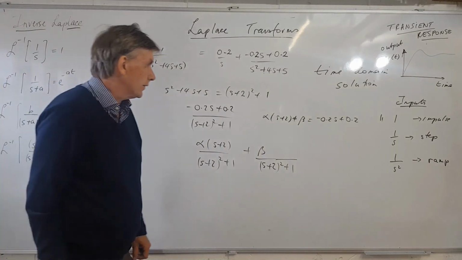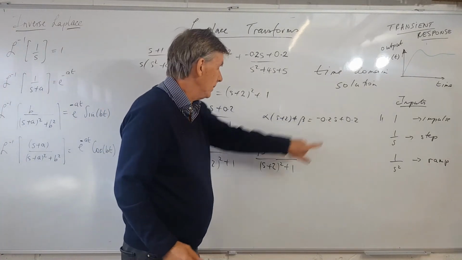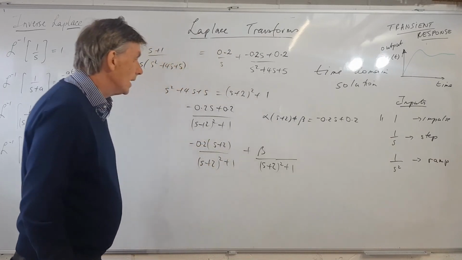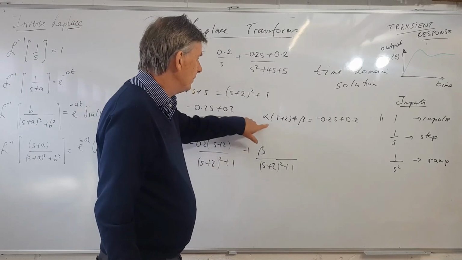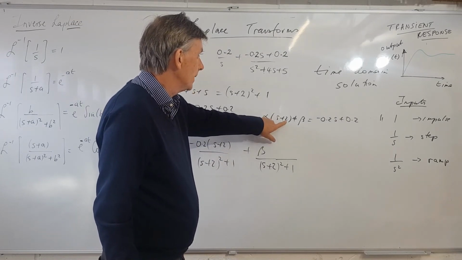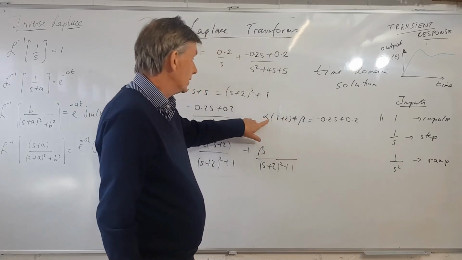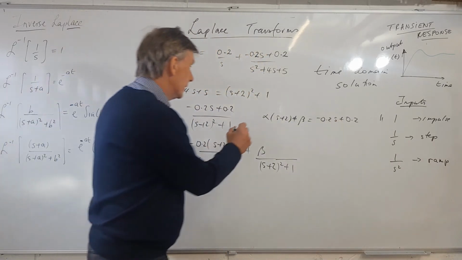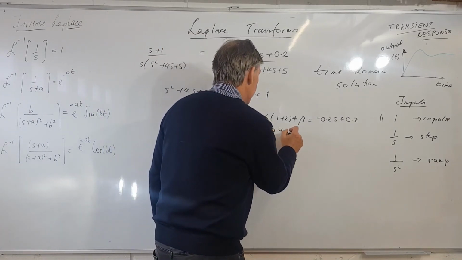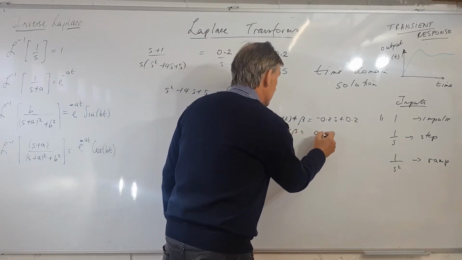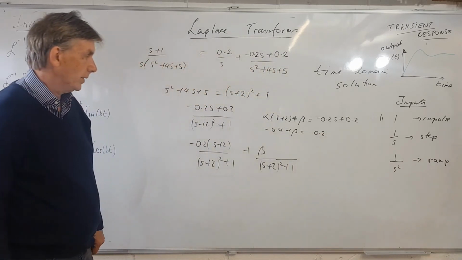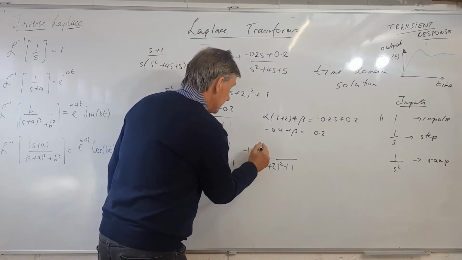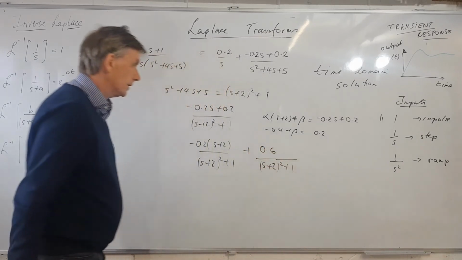So looking at the different coefficients, obviously alpha has got to be minus 0.2, and this is minus 0.2s and minus 0.4, and this has got to be 0.2 at the end. Then beta, so this is going to be minus 0.4 plus beta is 0.2. So the only way we can achieve that is with beta as 0.6.